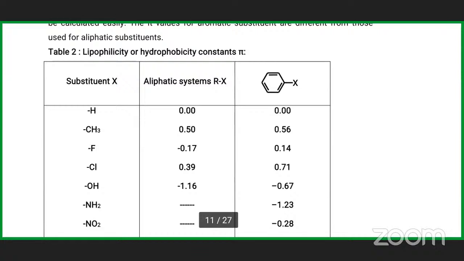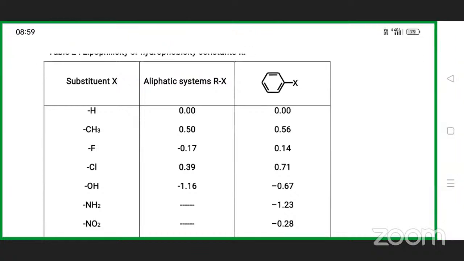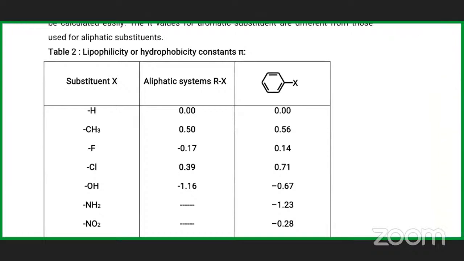If hydrogen is replaced with fluorine on the aliphatic system, its value is minus 0.17. In the aromatic system, its value is 0.14. This is a decrease because fluorine is an electronegative group.